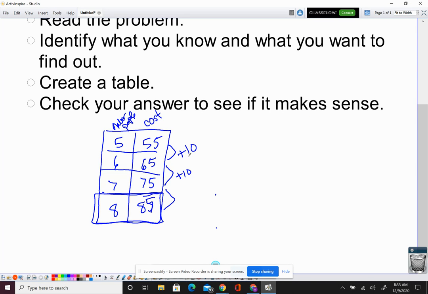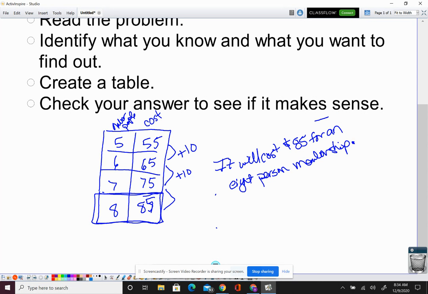And then after you get your answer, I'd like you to write a complete sentence with a capital letter starting the sentence and a period ending the sentence. And say, for this case, it will cost $85 for an 8-person membership.